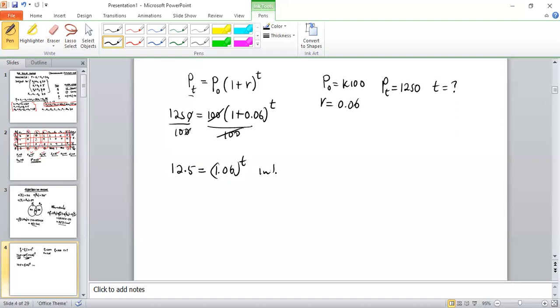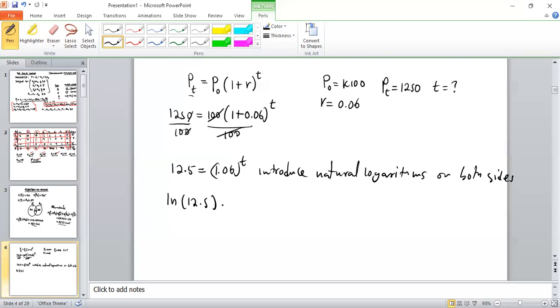Then we introduce natural logarithms on both sides. So introduce natural log on both sides. That will be natural log of 12.5, and this side, natural log of 1.06 to the power t.